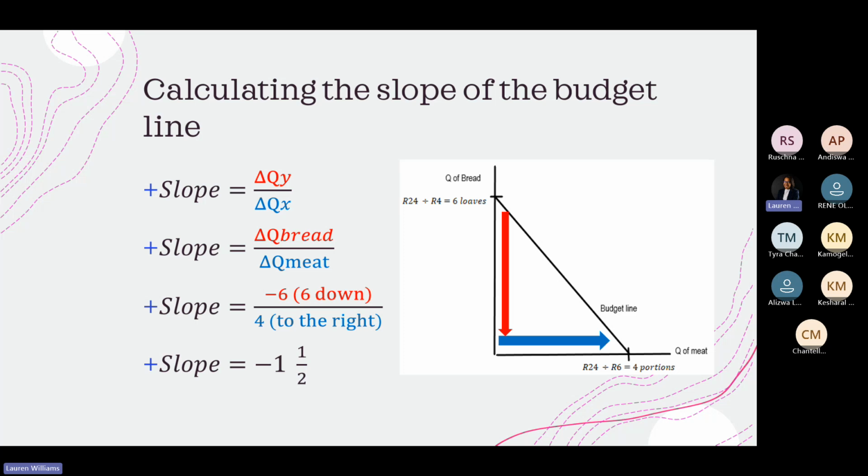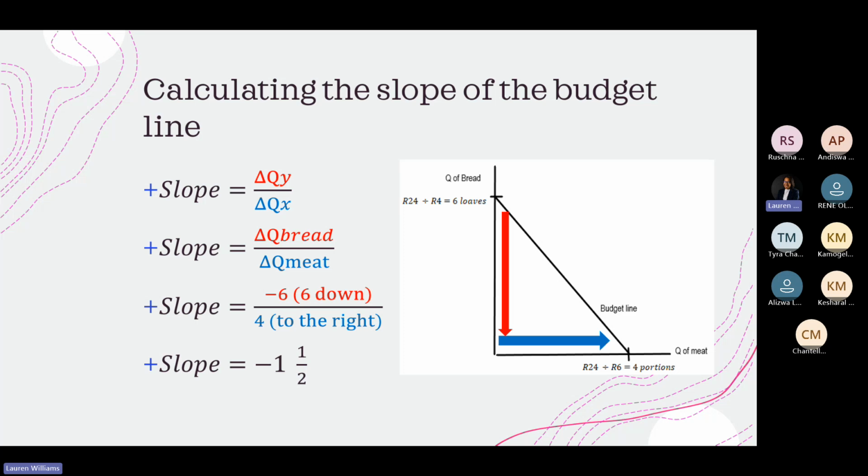Okay, so we're saying it's a change in your y-axis divided by a change in your x-axis. So the triangle means change, meaning the difference in our quantity of bread divided by the difference in our quantity of meat.